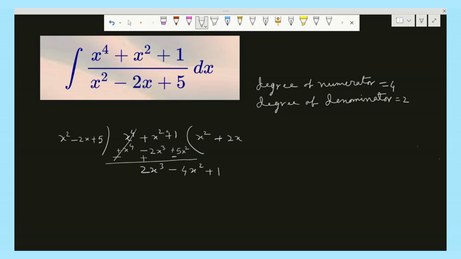When we multiply this by 2x, that is equal to 2x cube minus 4x square plus 10x.